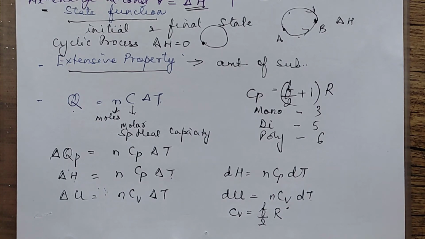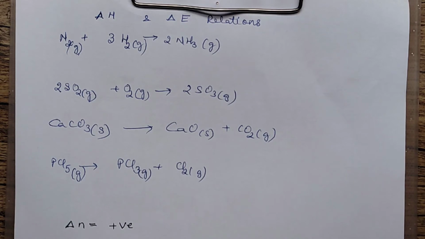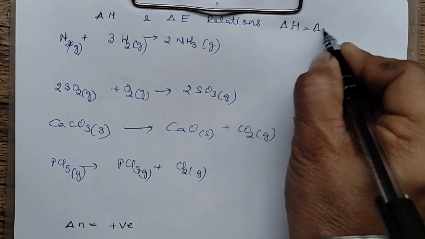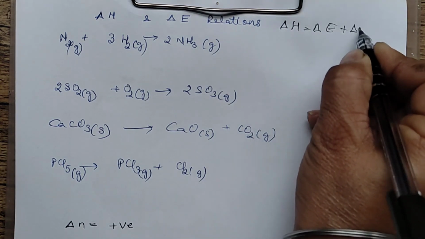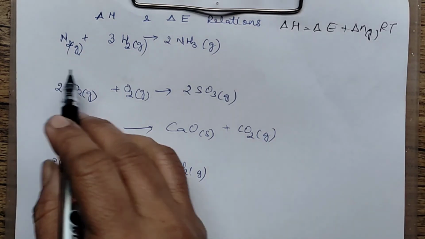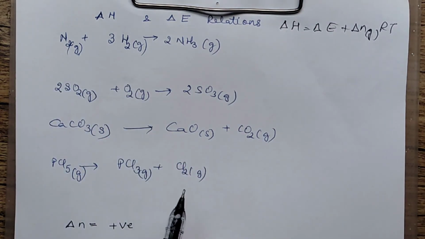Fine. Now moving on to the relation between delta H and delta E, based on the formula delta H is equal to delta E plus delta n_gas RT. Suppose you are asked to write down a relation. You may have numericals where enthalpy is given and internal energy is to be calculated, or vice versa.